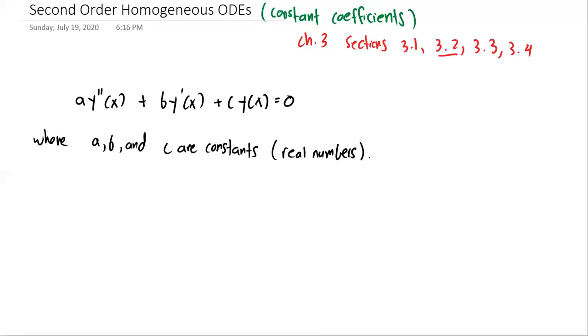Well, look at this differential equation. Let's say we want to find a solution, right? So I'm just going to write y. And we want to find a solution, right? So what form can y have if we want it to be a solution? Well, notice what is going on.